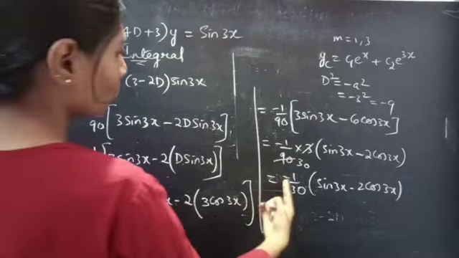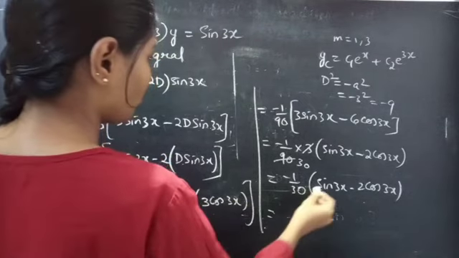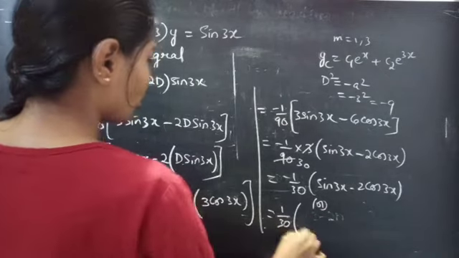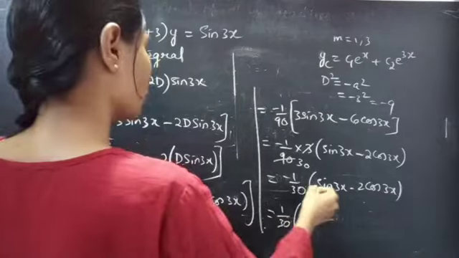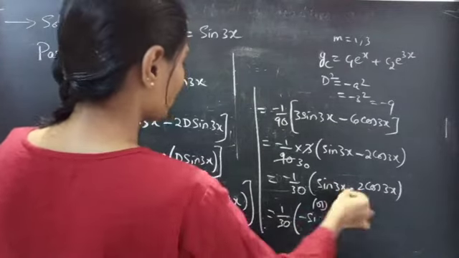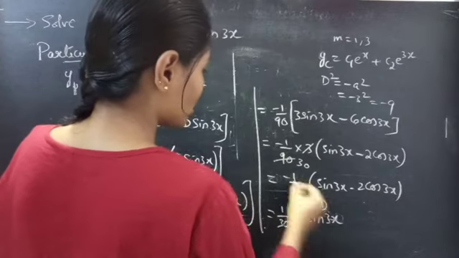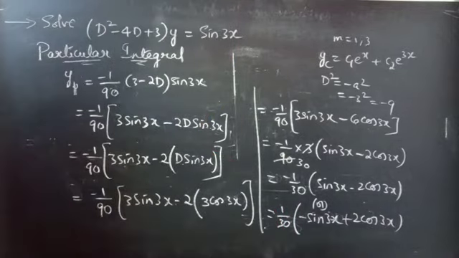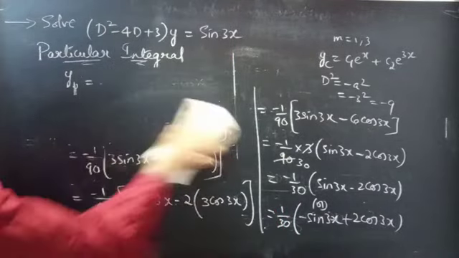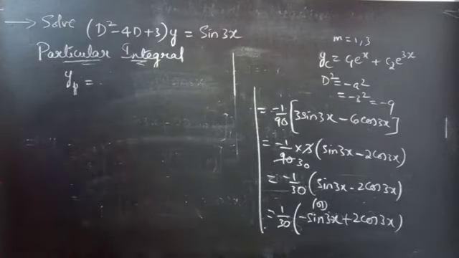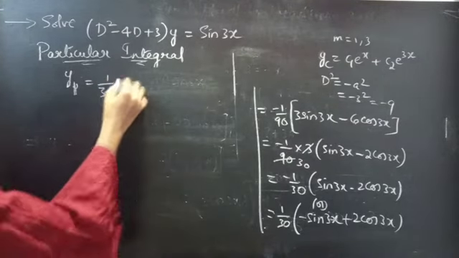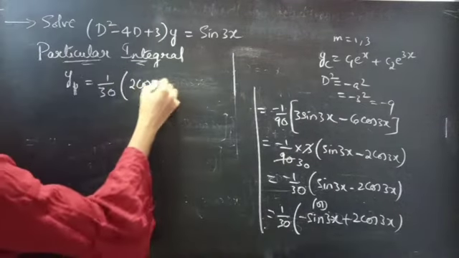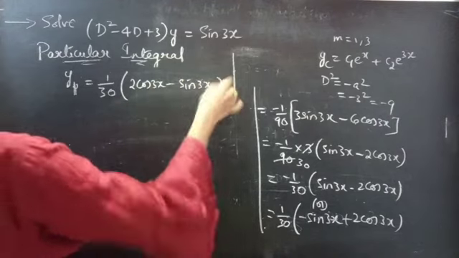You can either write with minus, or you can make it positive simply by multiplying both the terms with this minus. You will just take this minus inside the brackets, then you get 1 by 30 into minus sine 3x, minus into minus plus 2 cos 3x, which is equal to 1 by 30 into, firstly write the term involving positive sign, 2 cos 3x minus sine 3x.